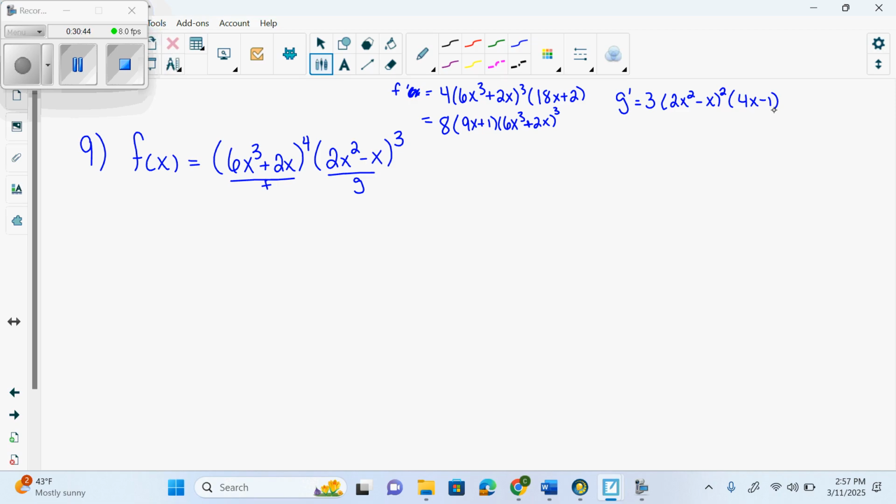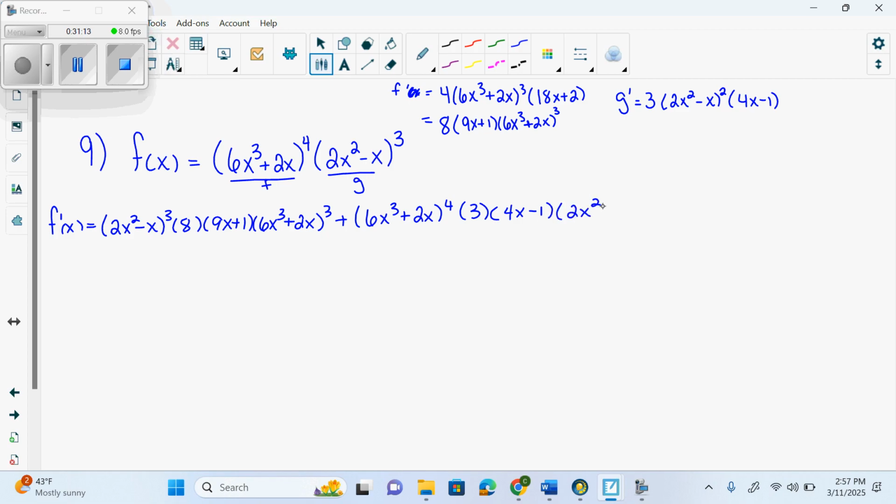Okay, so f prime of x equals g f prime, which contains the 6x thing, plus f g prime. Term 1, term 2.